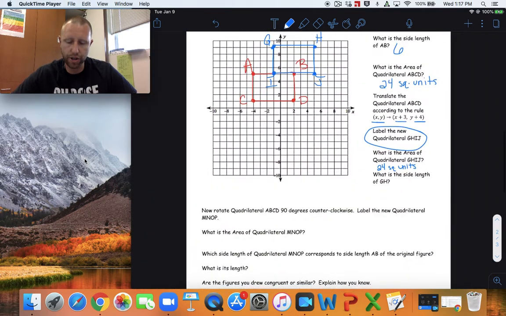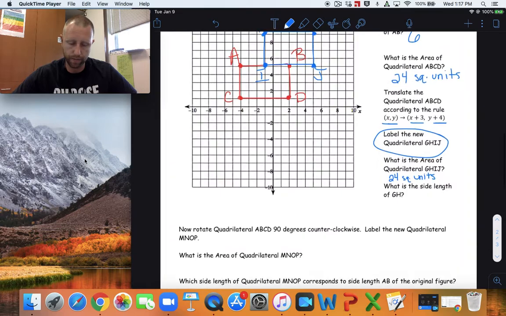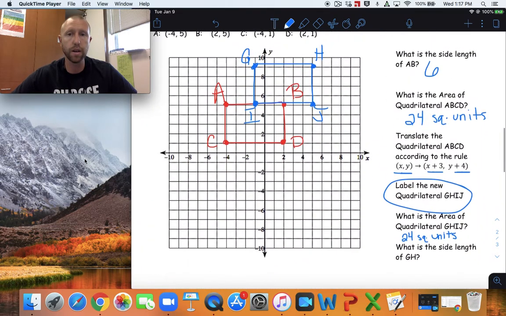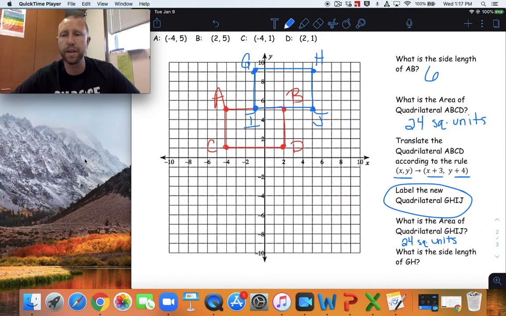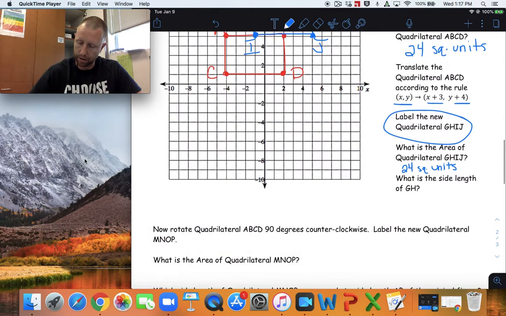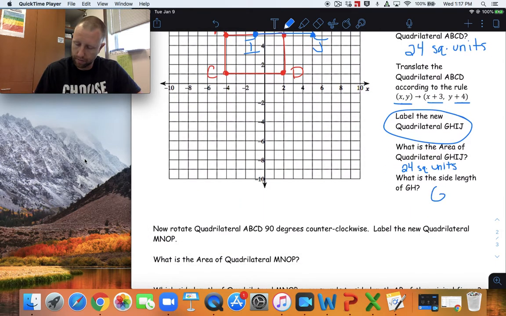Now GH, if we look, is the same as AB, right? Those are corresponding sides. So if AB, we already listed, was 6 units long, well, we know that the side lengths stay the same. So side length of GH is also going to be 6.